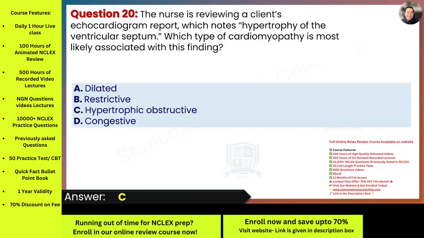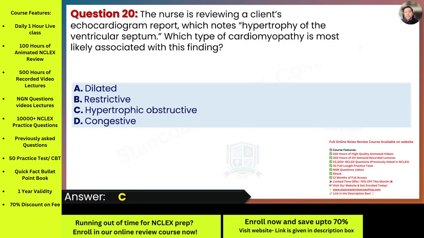Okay, this is the form of cardiomyopathy most commonly associated with ventricular septal hypertrophy. Hypertrophy basically is that there is now an enlargement of the septum. And again, this is the thickening of that divider that can lead to the obstruction of blood flow, particularly in the left ventricle.